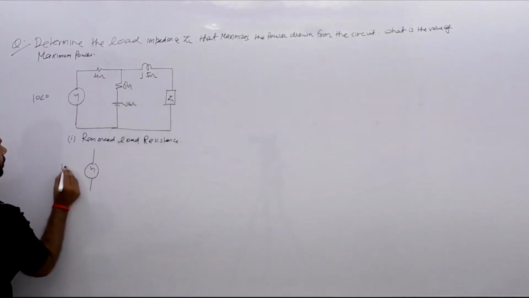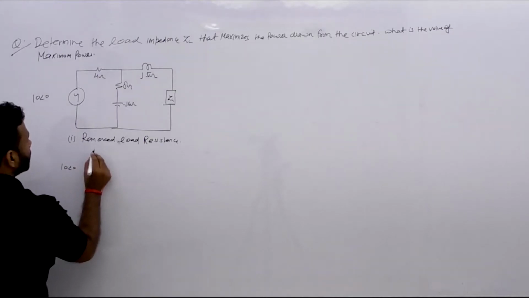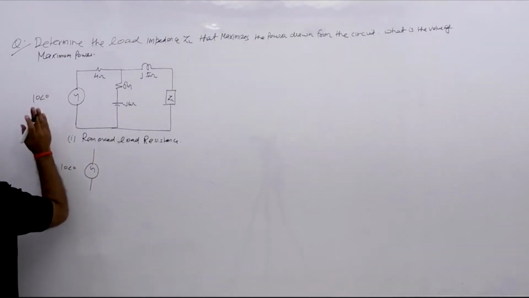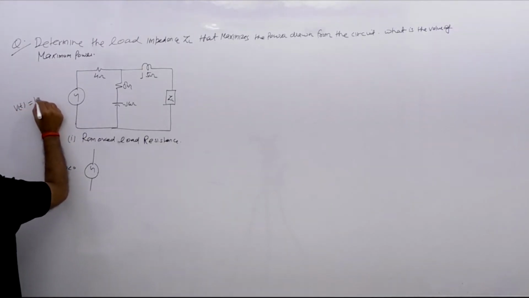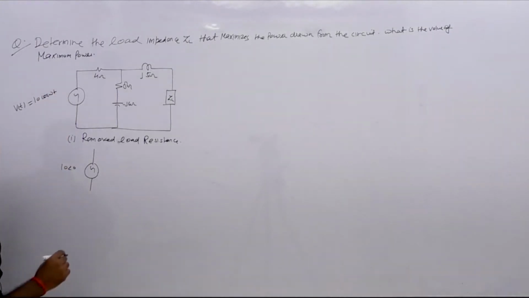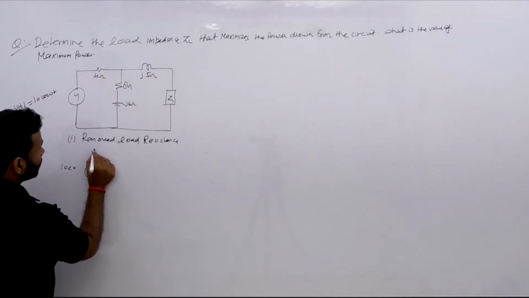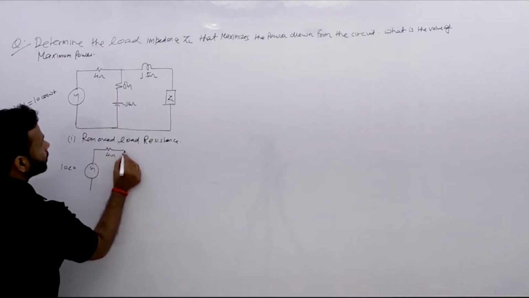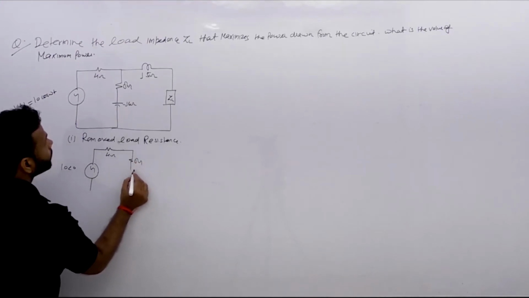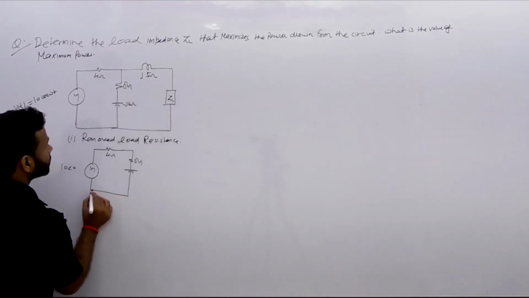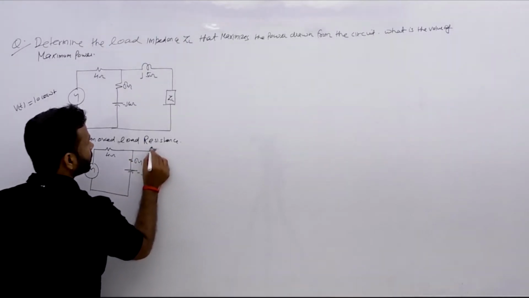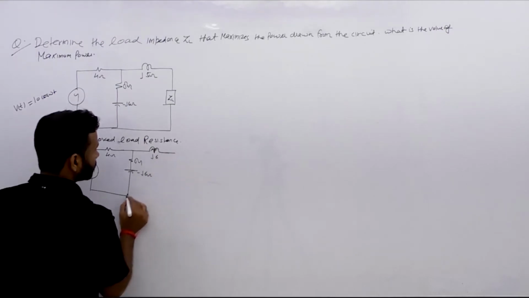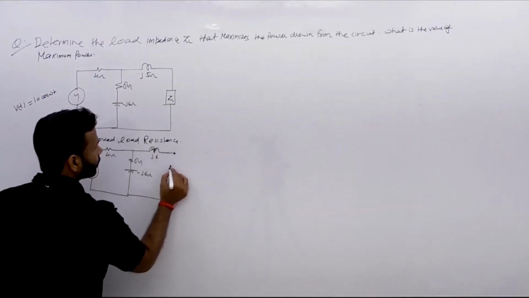The source is given as 10 cos omega t in the question exactly. So we have 4 ohm, then 8 ohm, then minus j6 ohm, and the inductance of j5 ohm. This is your load point where we have to calculate the VTH now.